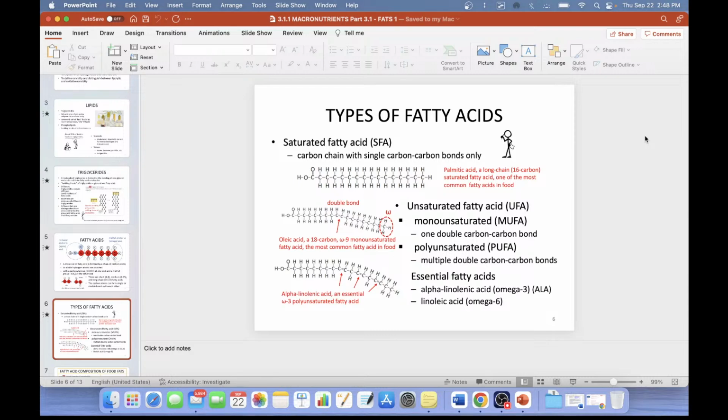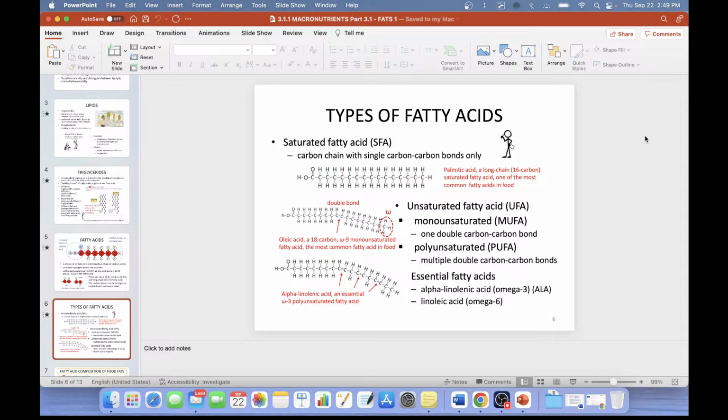There's just one bar between each pair of carbon atoms representing single bonds. And so each of the carbons, other than the end carbon on the alpha end, is attached to at least 2 hydrogens. And the one on the omega end is attached to 3 hydrogens. This is palmitic acid, one of the most common fatty acids.